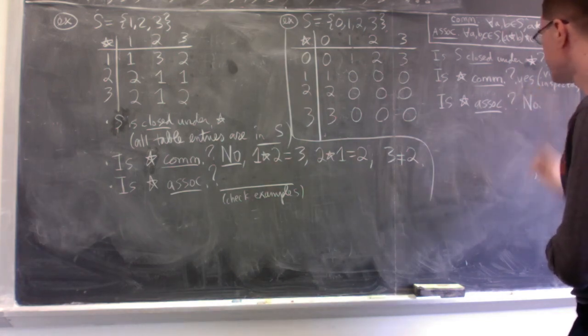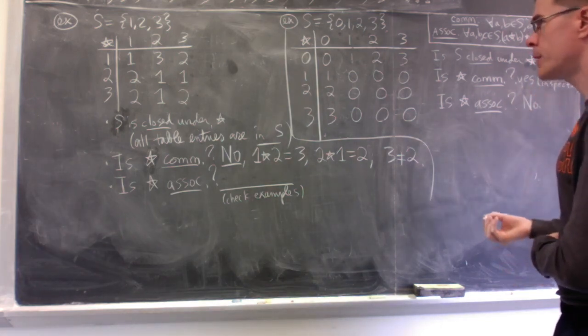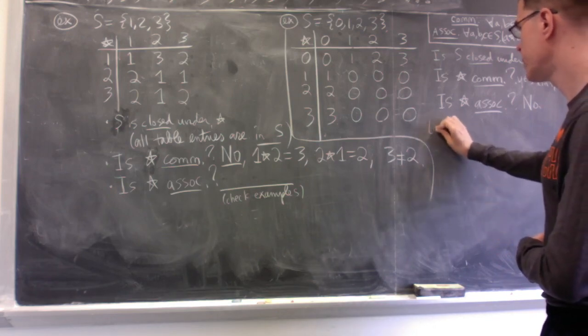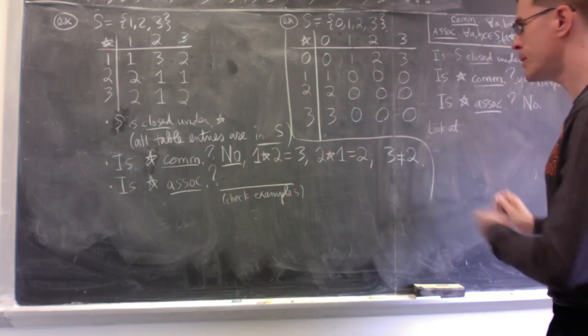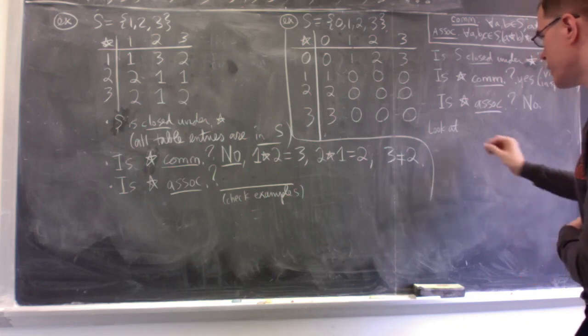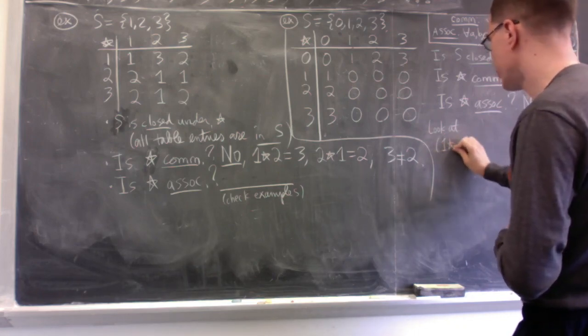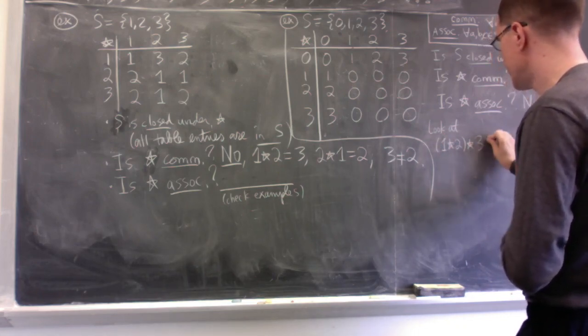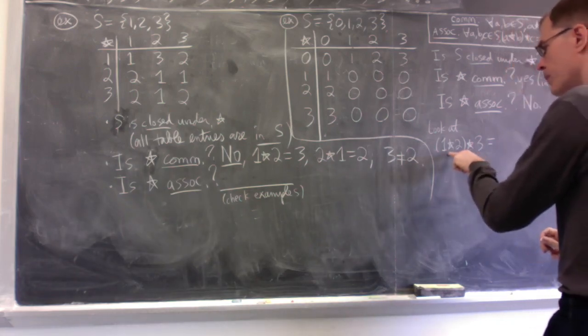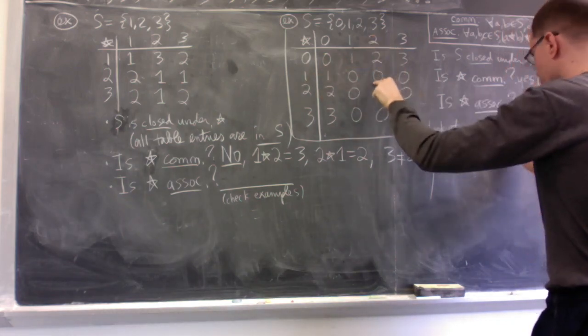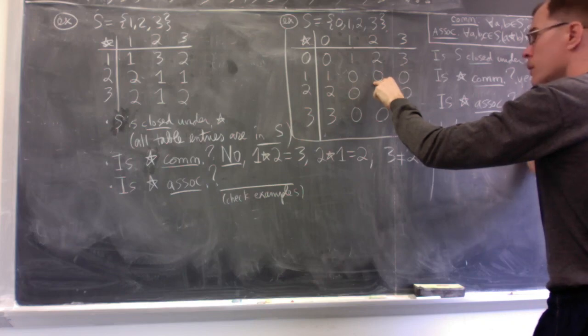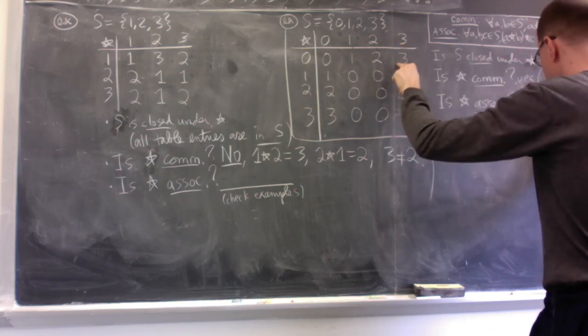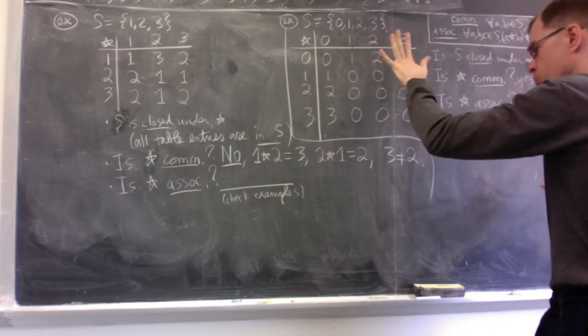It does not work. And so among many other examples you could look at, maybe sometimes it accidentally works, but if you look at 1 star 2 star 3, for instance, let's try that one, doing both parentheses. 1 star 2 is 0. And then 0 star 3 is 3. So that's 1.